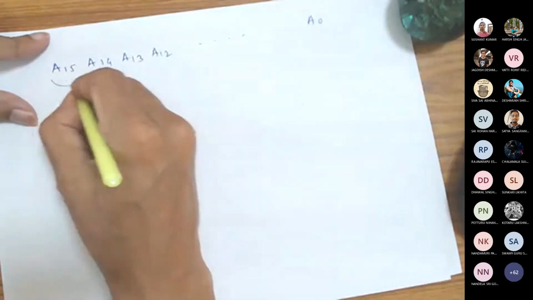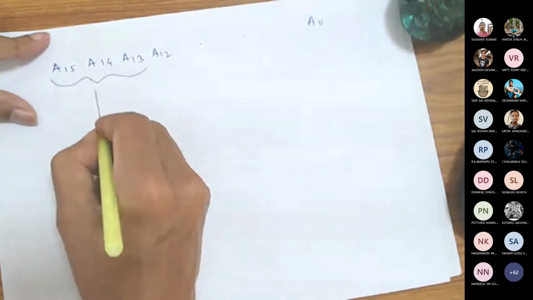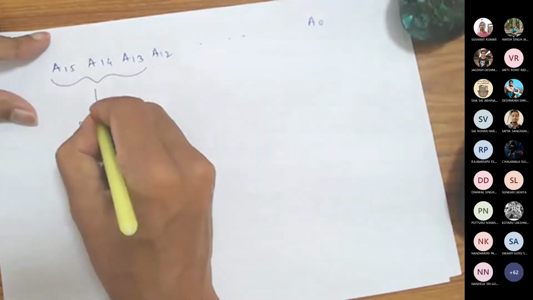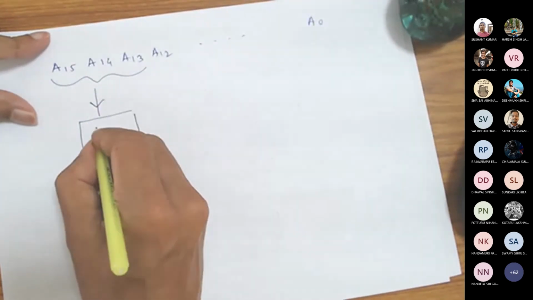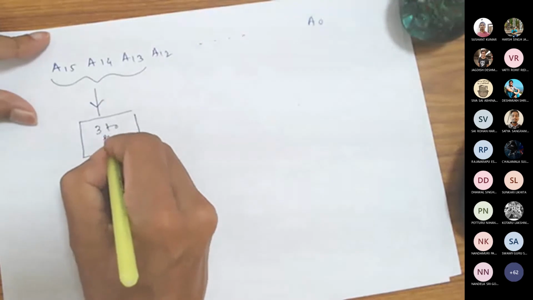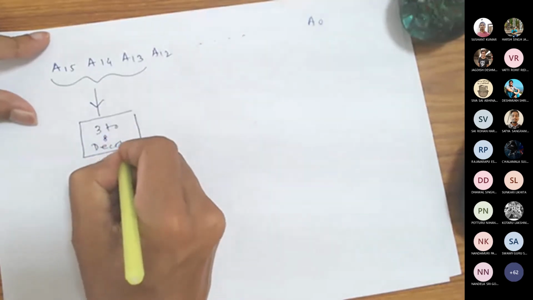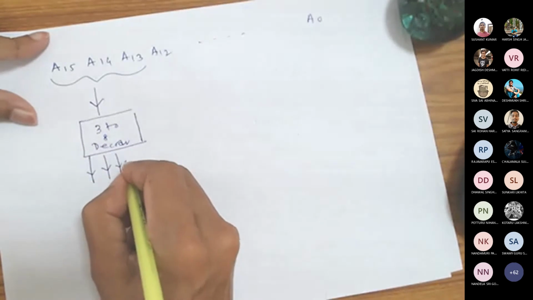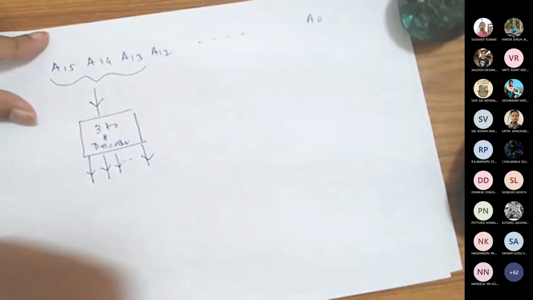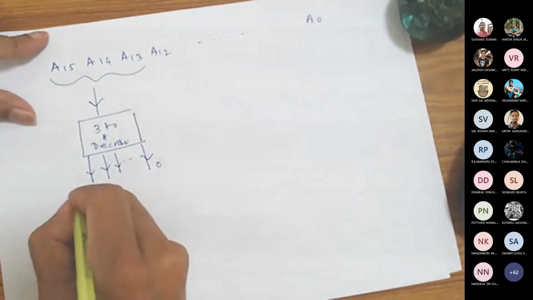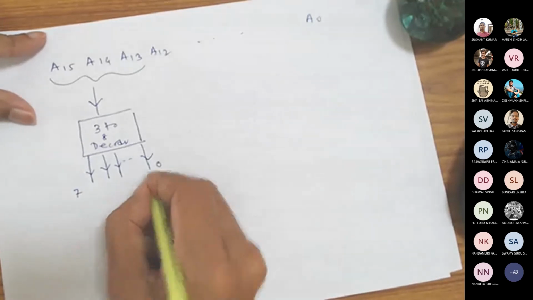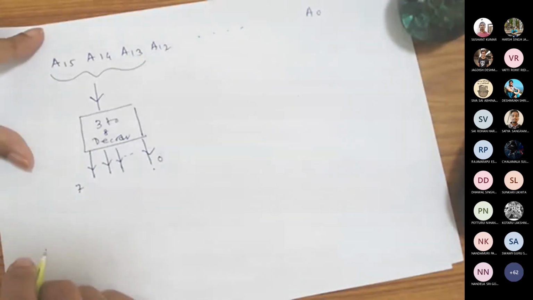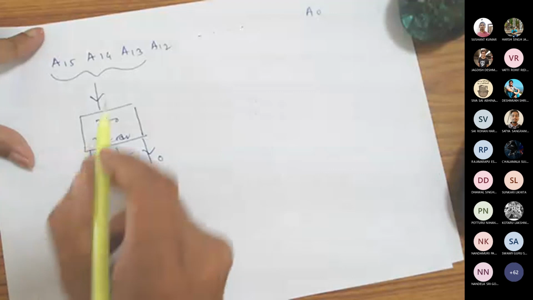What I'm saying is that you take the higher order 3 bits, apply them to a 3 to 8 decoder, and you get 8 lines. So this is decoded line 0, this is decoded line 7. When will this line be 0? When all 3 bits are 0.